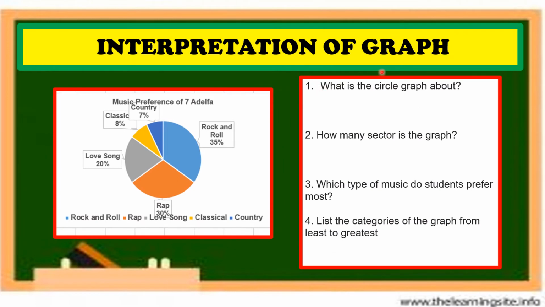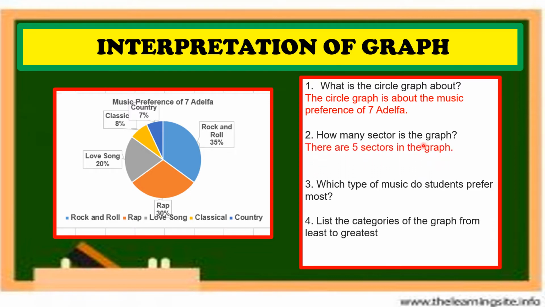Now ready to interpret the given circle graph. What is the circle graph about? The circle graph is about the music preference of 7 Adelpha. Number 2, how many sectors is the graph? There are 5 sectors in the graph.